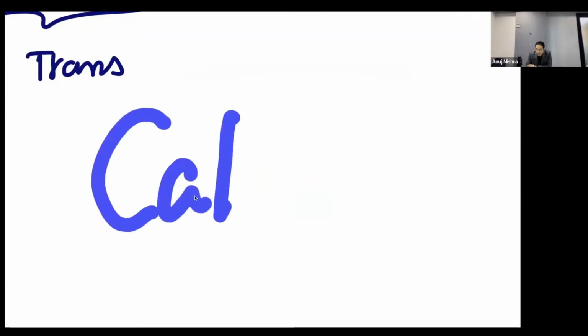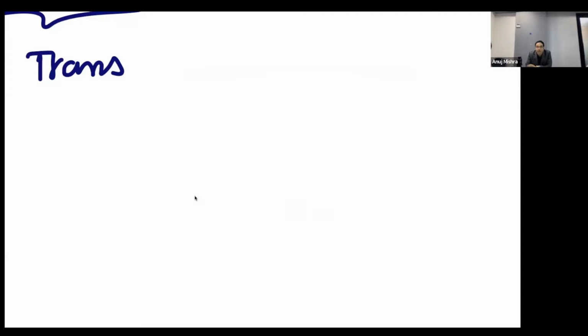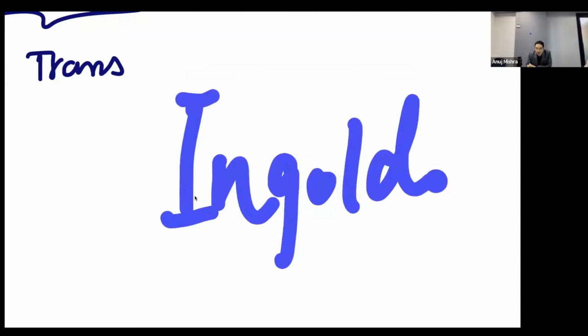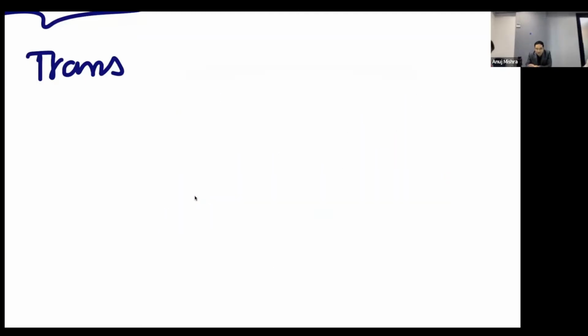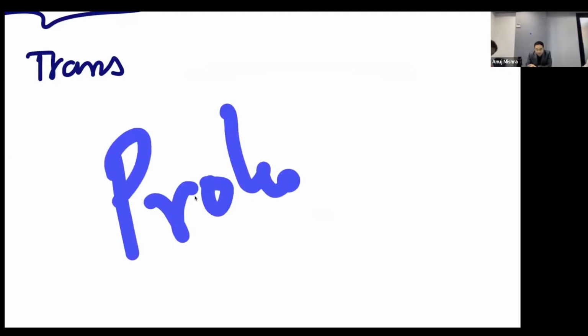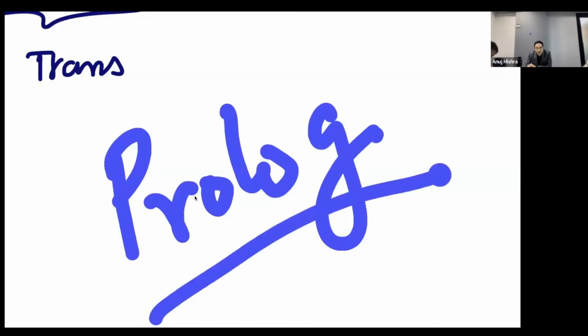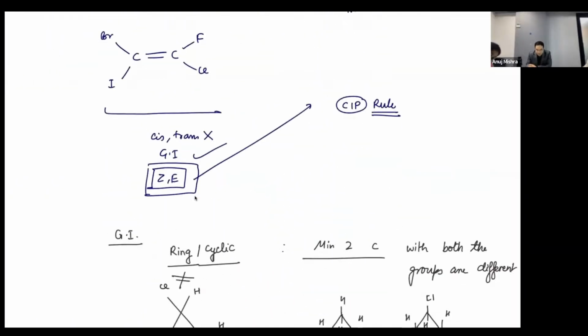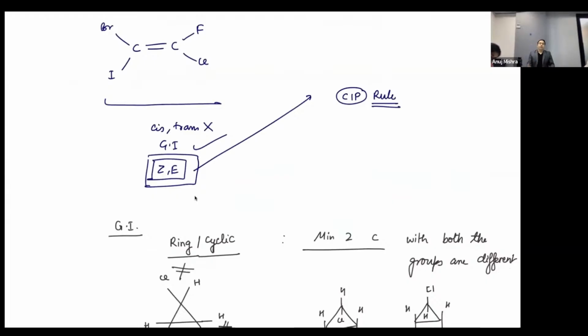C for Cahn, I for Ingold, P for Prelog. Cahn, Ingold, Prelog, or the CIP rule. Now, this CIP rule is basically giving you Z and E kind of naming.